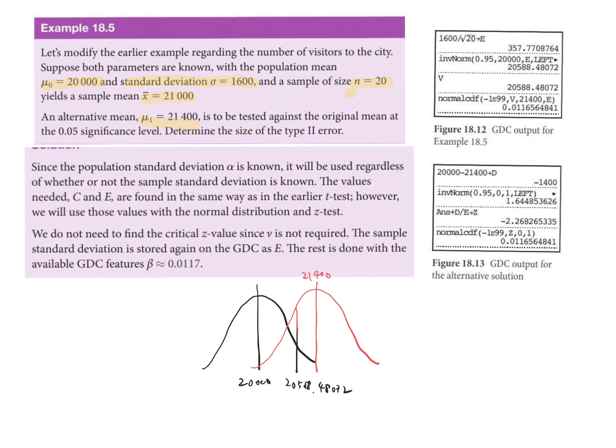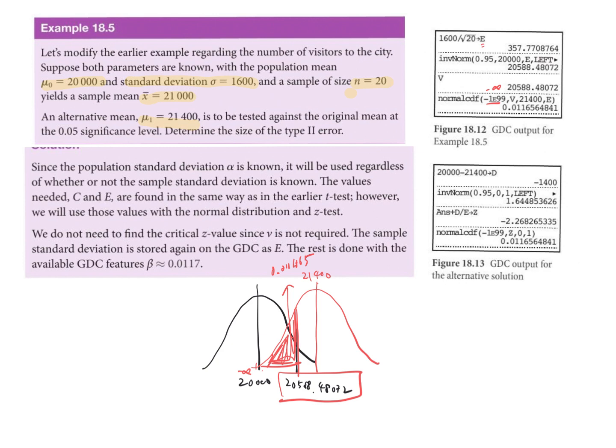What we are calculating is this part. Again we use normal CDF from negative infinity all the way to the critical value, using the same standard deviation, and we get 0.016565. This is what we are going to calculate.